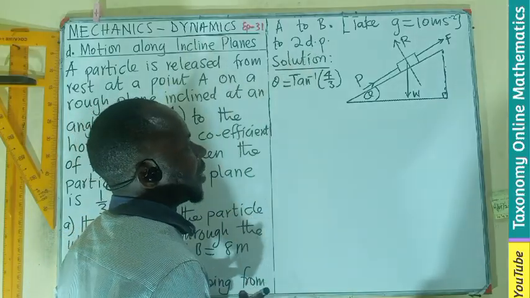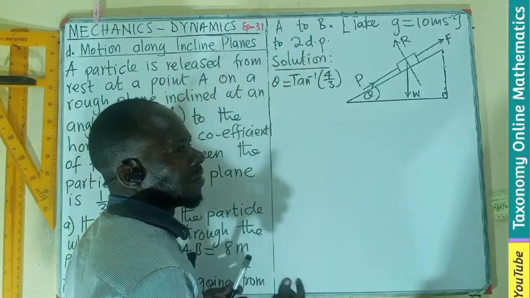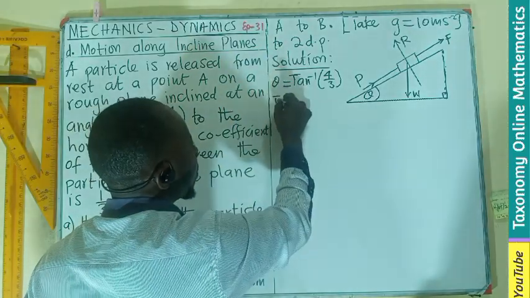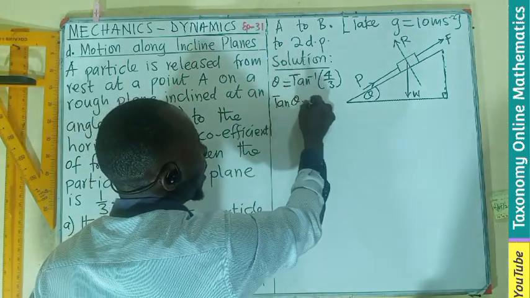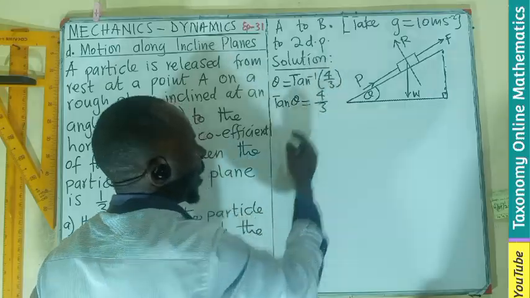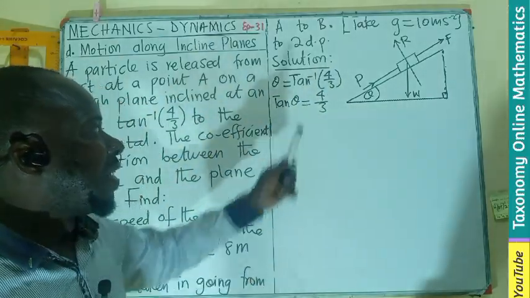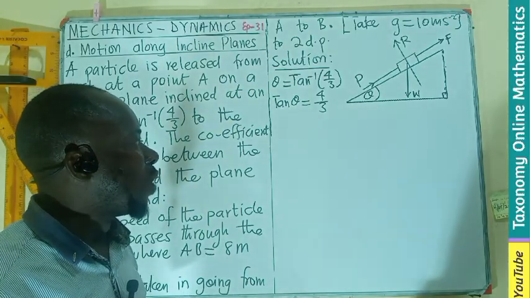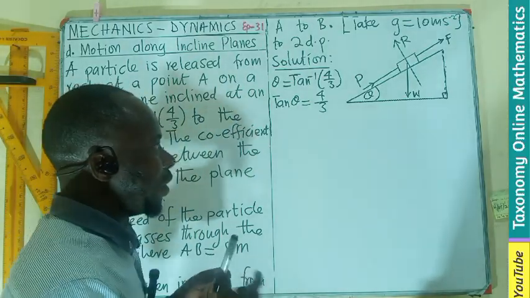Multiplying both sides by tan will give you tan theta equals 4 over 3.